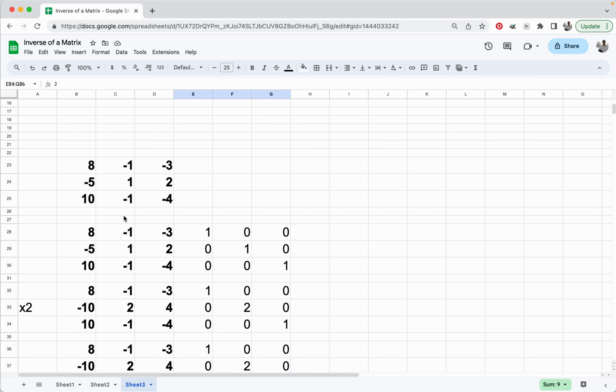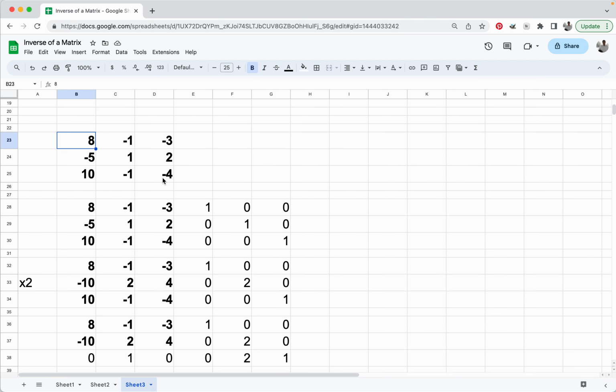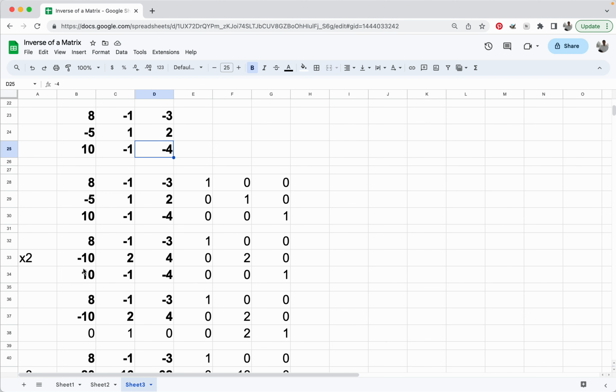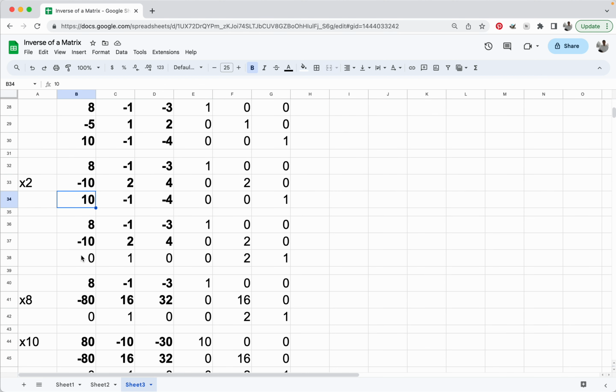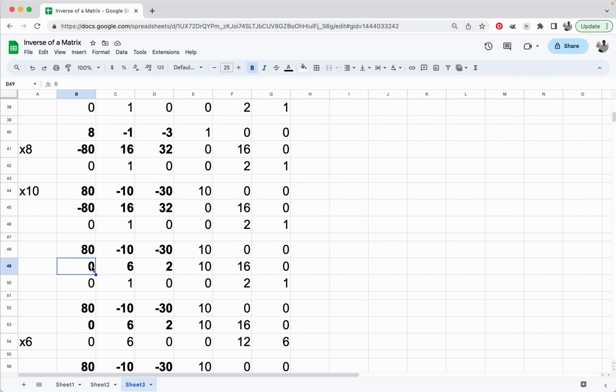So I'll summarize. This is the given matrix. I calculated the inverse, so I wrote it in augmented matrix form. Now I'll eliminate 10. To do that, I'll make this number become 10. Now eliminated. Next I eliminate this minus 10, so I eliminated minus 10.